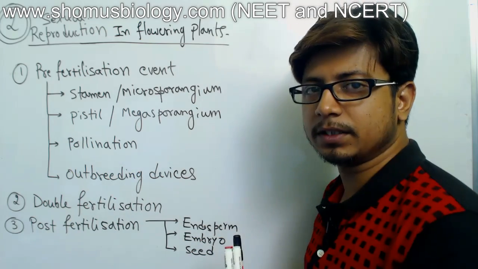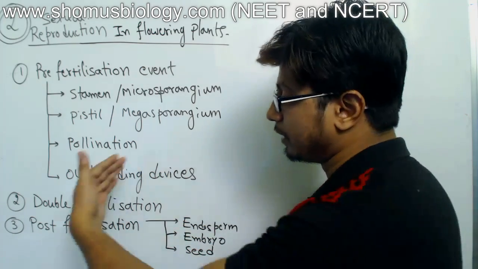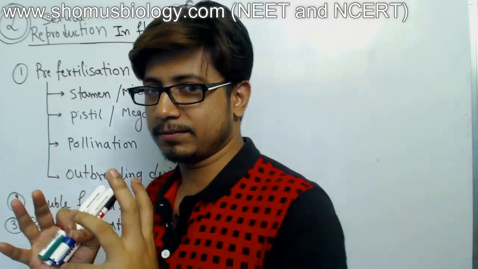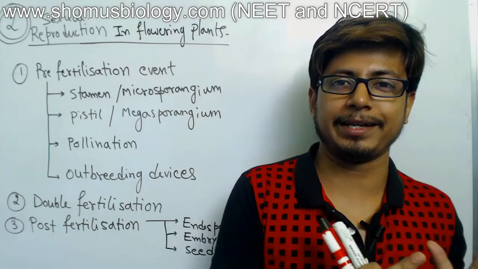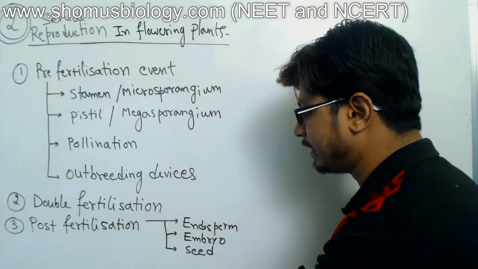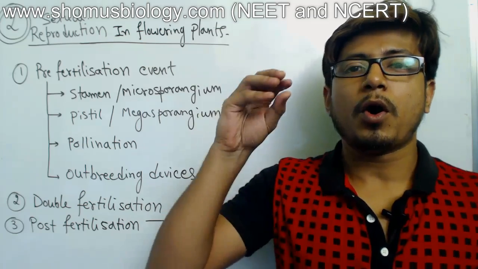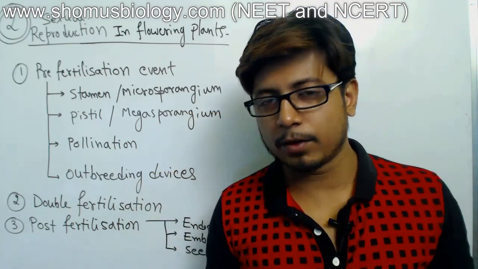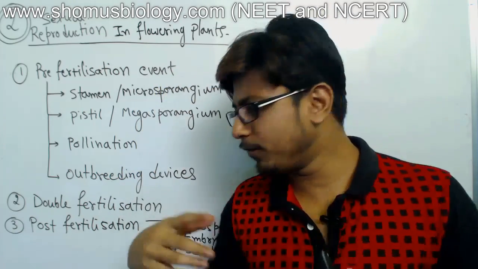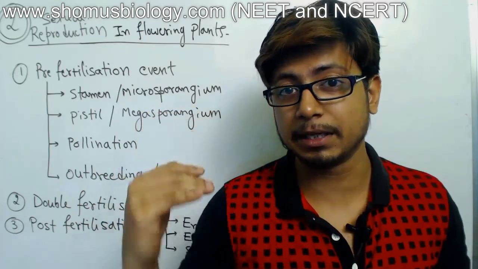The third part of the lecture will be the post-fertilization event, that is, after the double fertilization is done, what happens to the fertilized zygote, the first 2n chromosome-containing cell, and how exactly that cell gives rise to future generations. Because in plants, all the information needed for making a new plant is inside the seed. So exactly which part of the zygote turns into a seed and how the whole process works, that's what we will see in this complete chapter.